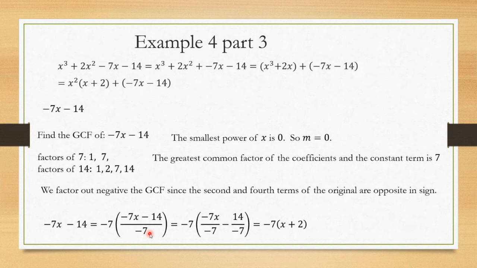When we do that, we're going to have -7x over -7, -14 over -7, and of course, there'll be some cancellation. You'll get -7 over -7, those cancel, you'll get x, and then you're at +2.